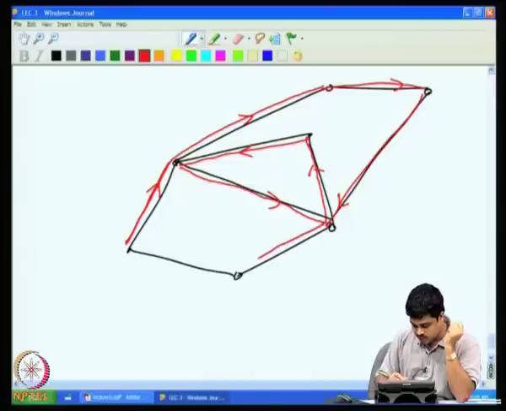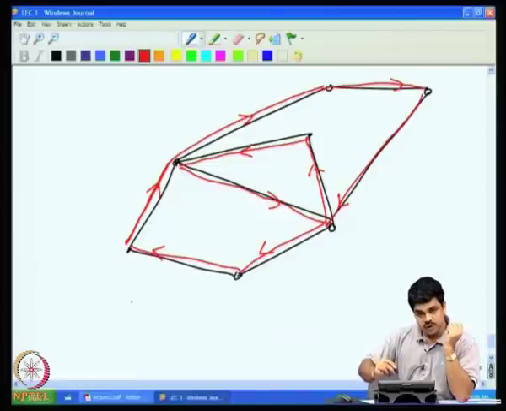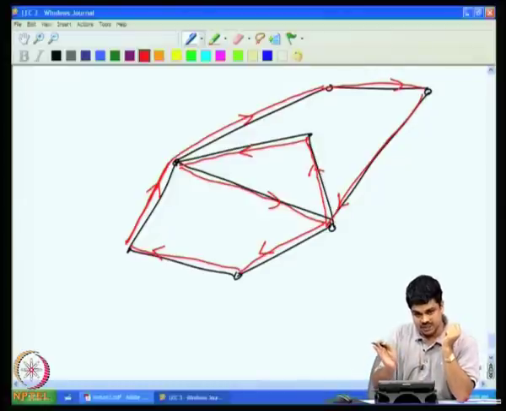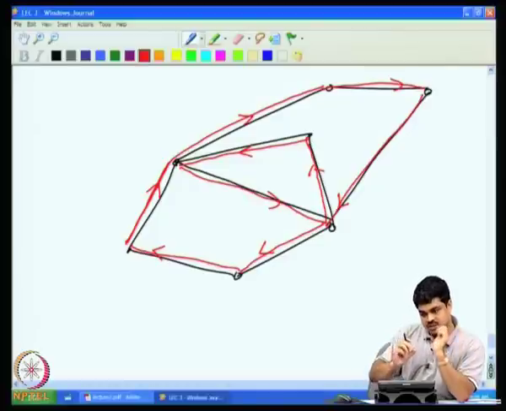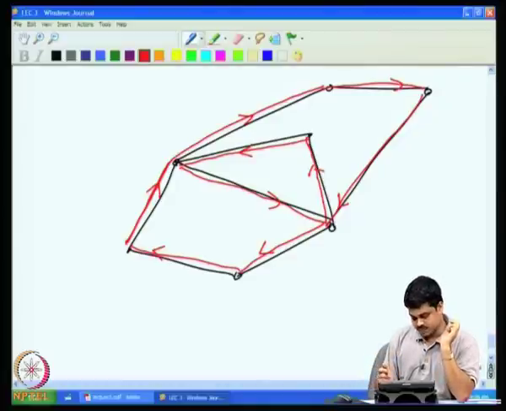So, I will give only one direction to the edges. So, this is one way of orienting the edges. What you do is you follow the Euler tour, and as we go through the edge, we give a direction to that edge which corresponds to the direction in which we traverse the edge.